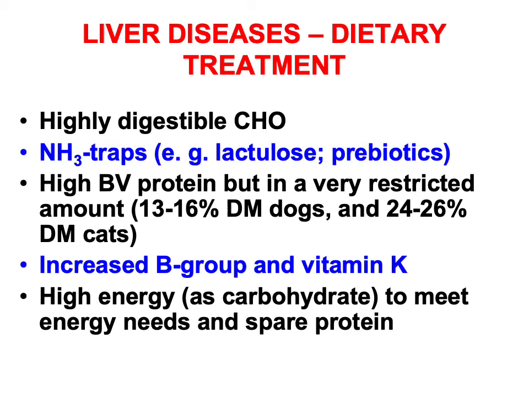Therefore, we have to set the protein value between 13 to 16% of the dry matter in the case of dogs, and 24 to 26% of the dry matter in the case of cats.